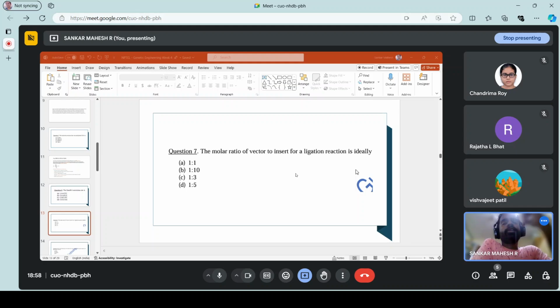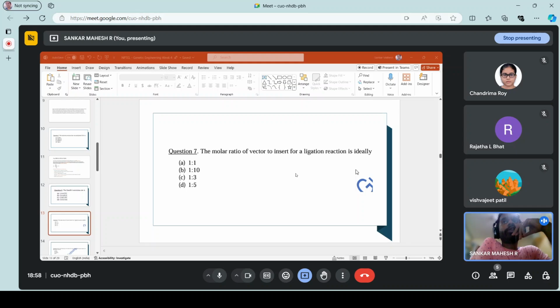The other is your vectors are what would have your selection markers like ampicillin or kanamycin, with which you will identify whether your vector and insert are getting selected.